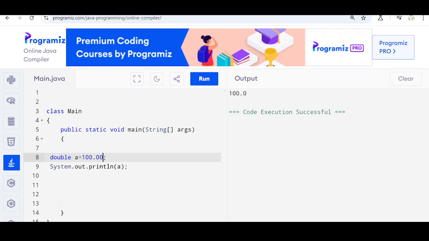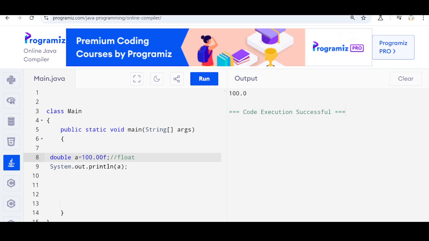If you don't suffix it, no issues. It will be treated as a double. If you suffix it with f, it will be treated as a float value.